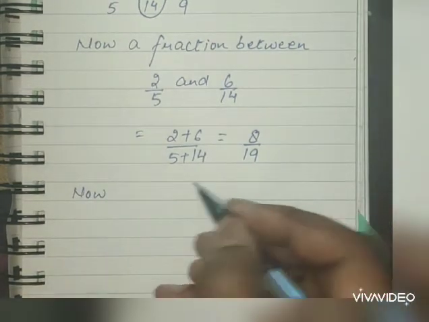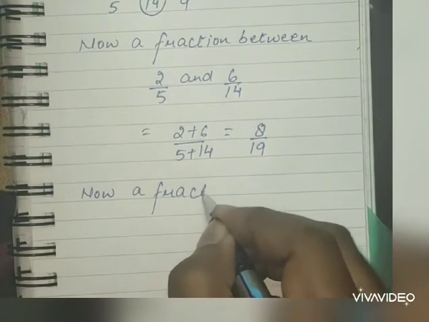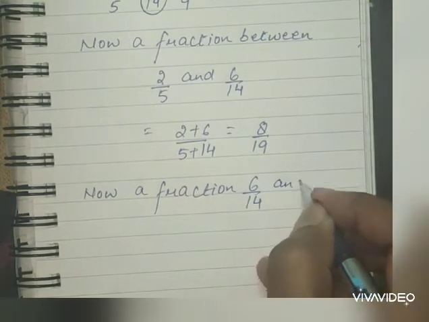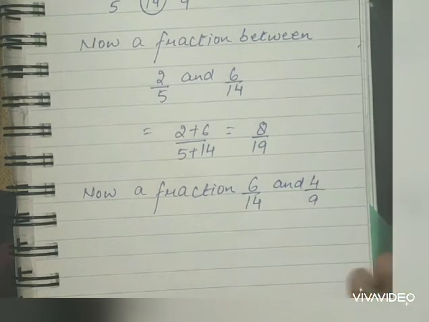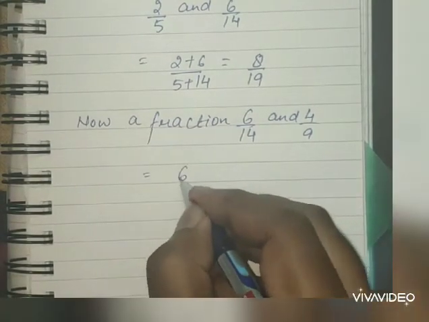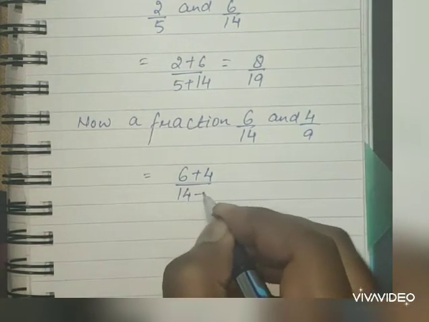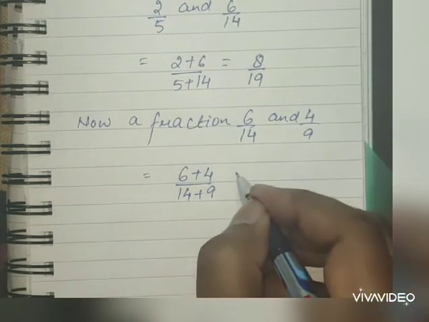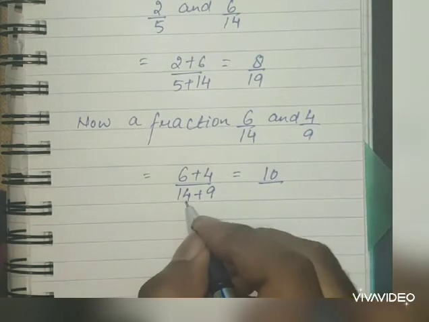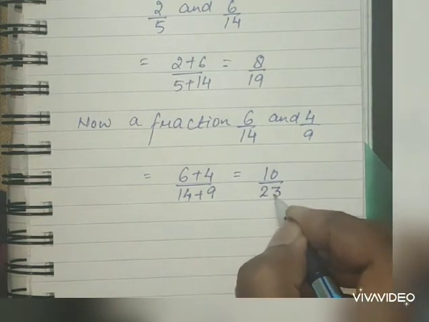Now a fraction between 6 upon 14 and 4 upon 9. Okay, 6 plus 4 and 14 plus 9. So this will be 10 upon 9 plus 14, and that is 23.